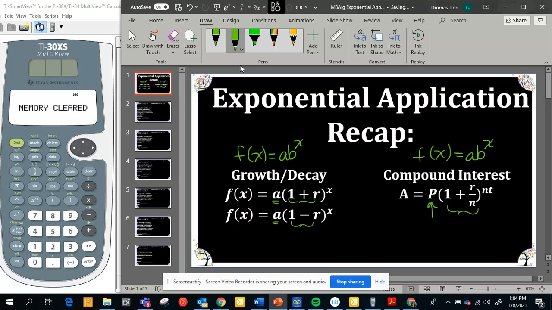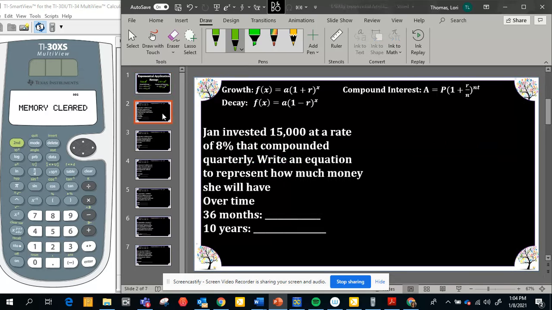So this is our x value. And remember, with compound interest, we're always talking about how many times it's compounded in a year. So t will always be in years, where over here, x can be minutes, seconds, months, weeks, years, whatever the word problem indicates. So let's get started.